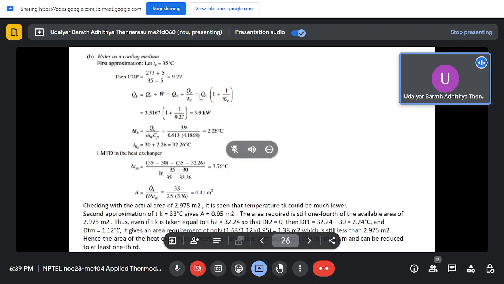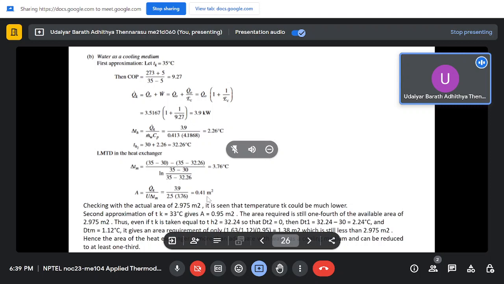So your inlet is at 30 degrees and the exit is at 32.26 degrees. So now if you find out the same logarithmic mean temperature difference, the difference comes out to be 3.76 degrees Celsius. So for this mean temperature, the area required is 0.41 meter square.